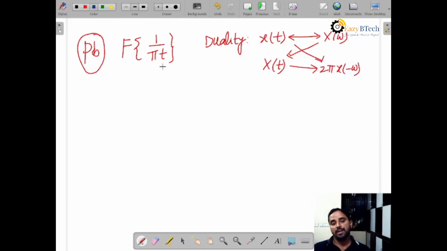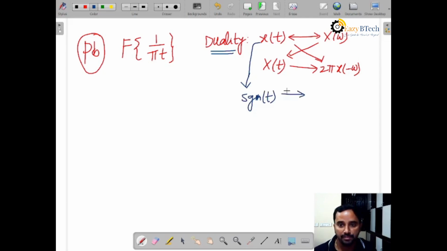So this 1 by pi t we can do using the duality property. In the place of x of t, you take the signum function. What is the Fourier transform of sgn of t? We have completed it: 2 by j omega.